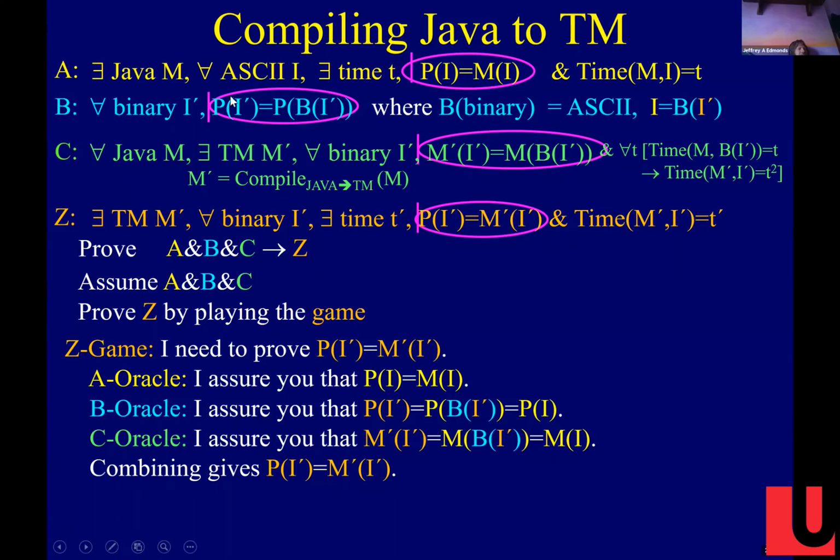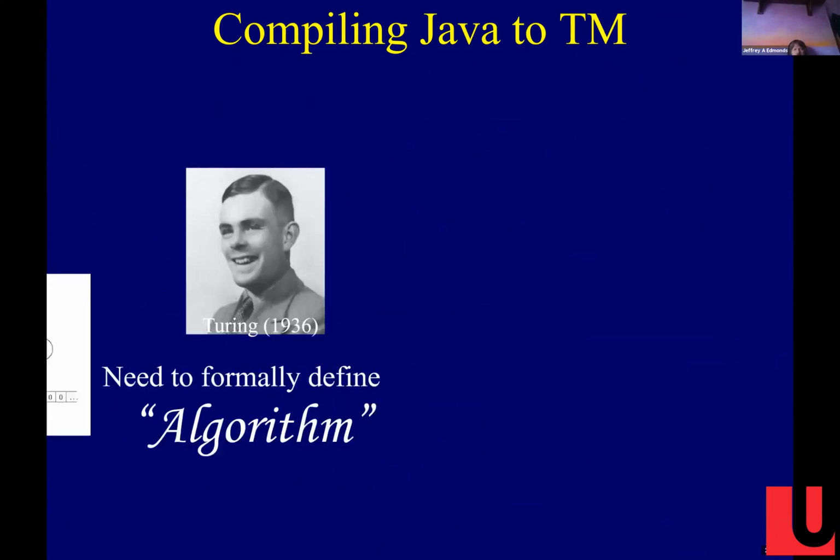I wouldn't even mention binary or ASCII at all, right? That would just get swept under the rug without any mention of it whatsoever. And the fact that if a Java program can do it, then a Turing machine can do it, I would just say, hey, it's true, right?